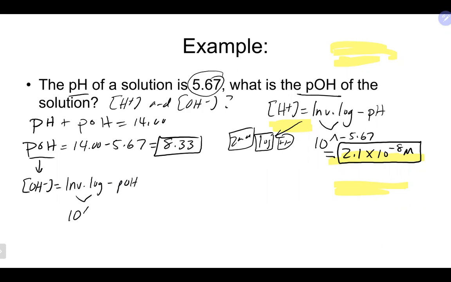So that's going to be a 10 and a caret minus 8.33. So shift or second and log, negative 8.33 and equals 4.7 times 10 to the minus 9 molar in this case. Any questions on any of those there?